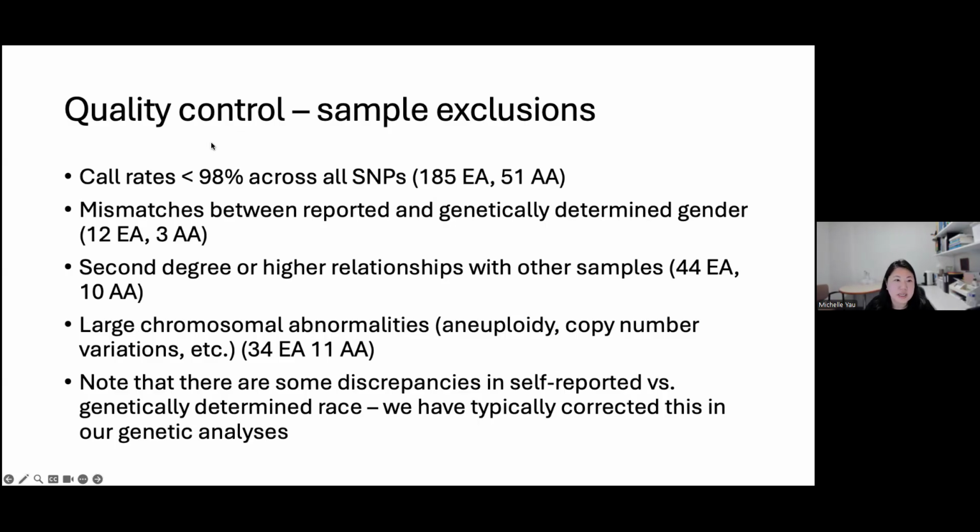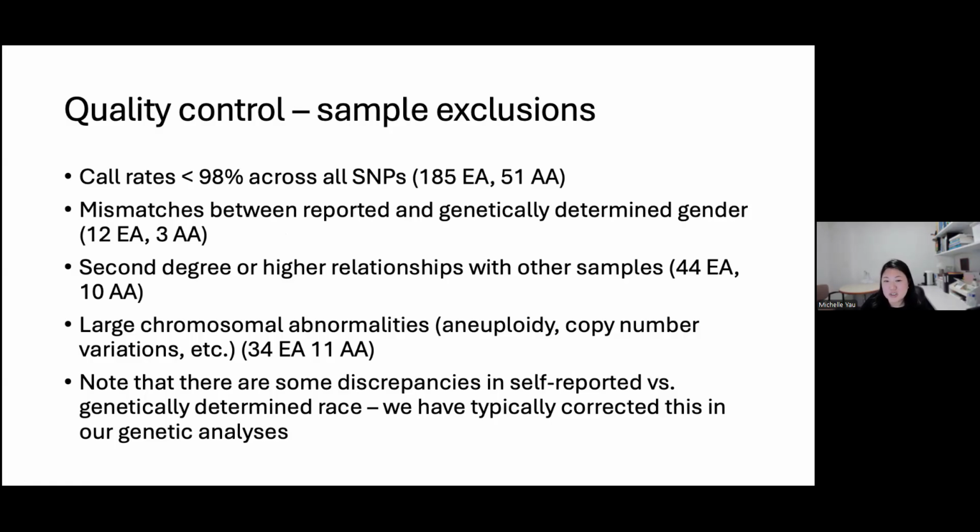We excluded individuals who had call rates less than 98%, and I have the number of European ancestry and African ancestry individuals who met those criteria in the parentheses. We also looked for mismatches between reported and genetically determined gender, as well as looking for second degree or higher relationships among samples to ensure that we had independent samples.